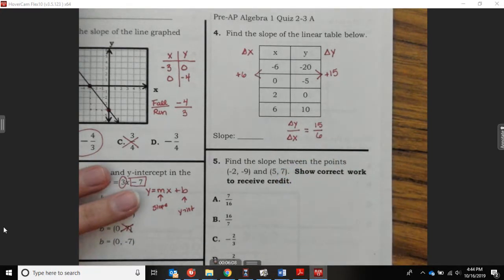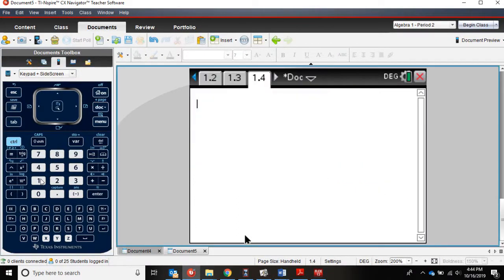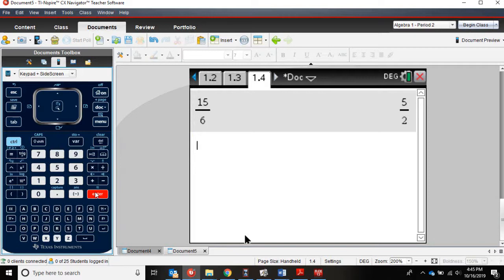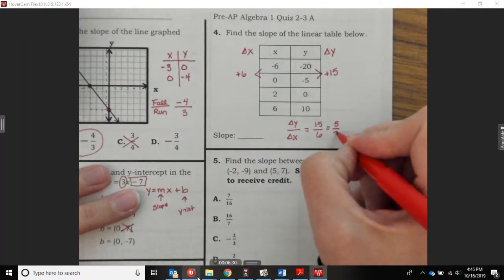So I'm going to go to my calculator, and I'm going to get a calculator page, and I'm going to type in 15 divided by 6. And press enter, and it will tell me my answer is 5 over 2. So I'm going to come back here and show you this is 5 over 2.